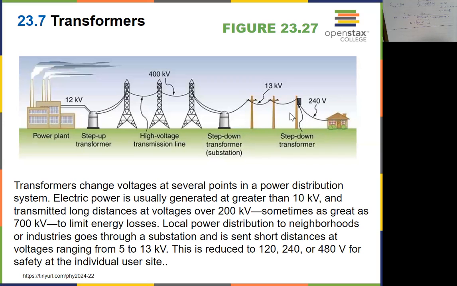These are called transformers. They change the voltage from one value to another. If the voltage goes up, the transformer is called a step-up transformer. You can also have a transformer that brings the voltage down. It's called a step-down transformer.